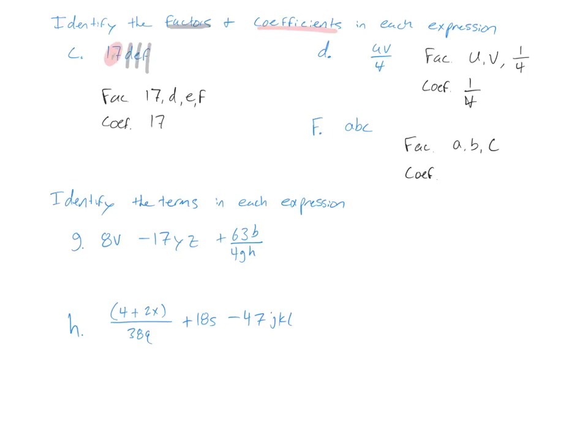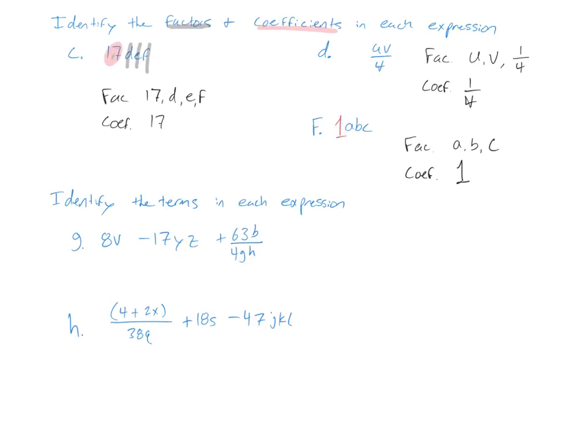Now as we look at this, I don't see any numbers, but as we think back to the things we've learned before, there is actually an unwritten number 1 out in front of this. Because 1 times A times B times C would be the same thing as A times B times C. So the coefficient on this one is actually going to be a number 1, even though you don't see anything there.